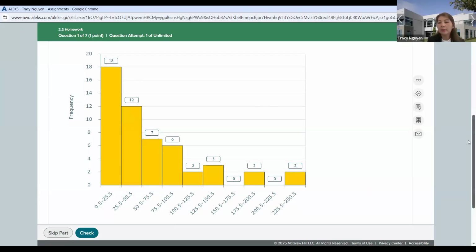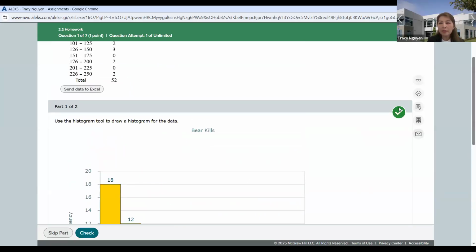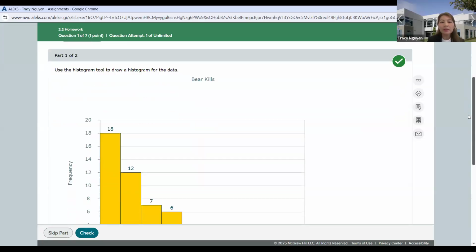All right, now let's check and see how we're doing. The green check means that we did it right. Looking at this one, again, the total frequency is 52. N equals 52, we divide it by 2, we get 26.